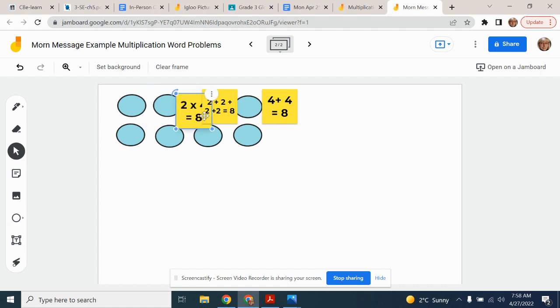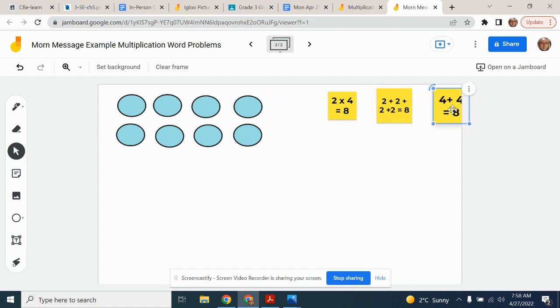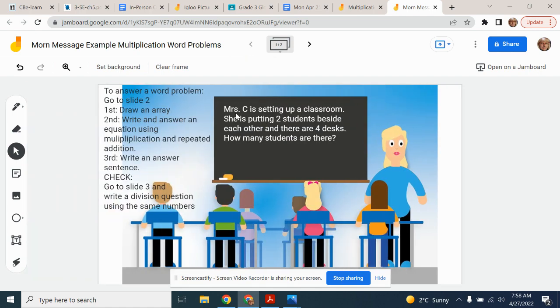Okay, so we have the multiplication equation, and I have 2 repeated addition equations. Remember, these are called equations. So now I have to write an answer sentence to the question in English. Mrs. C is setting up a classroom. So I'm going to start with Mrs. C. I'm not going to say anything about the 2 students or the 4.